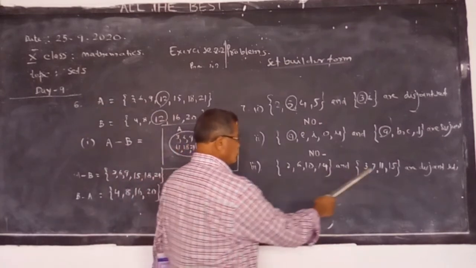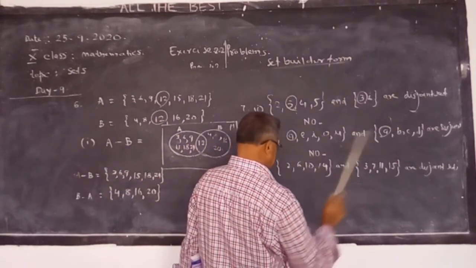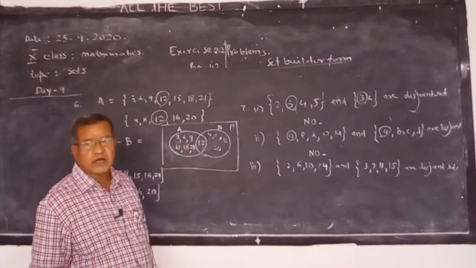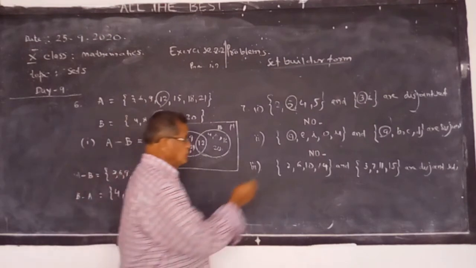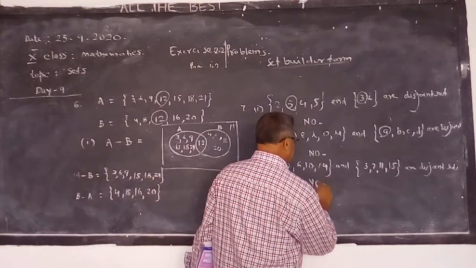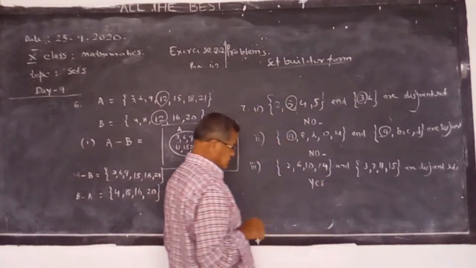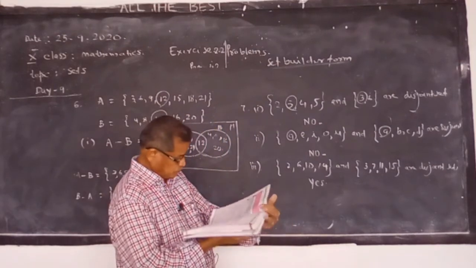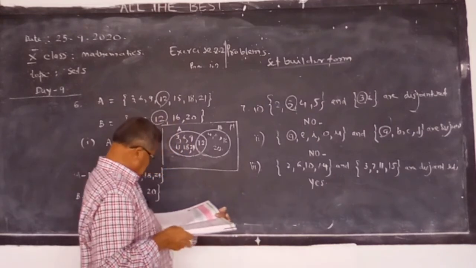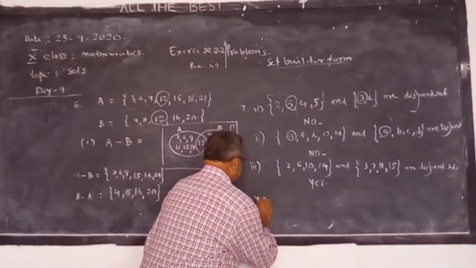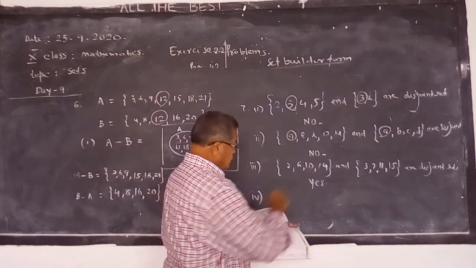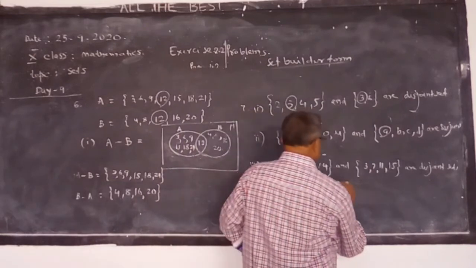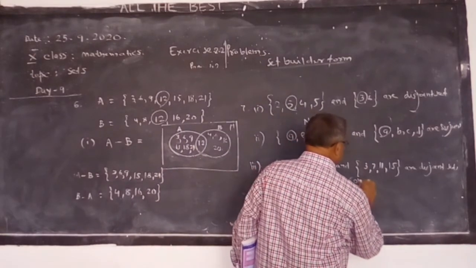No. 2, no 2 here. 6, no 6. 10, no. 14, no. They don't have common elements. So it is true. Yes. Since there are no common elements, the reason is no common elements.